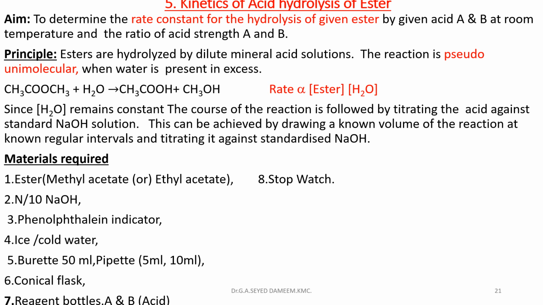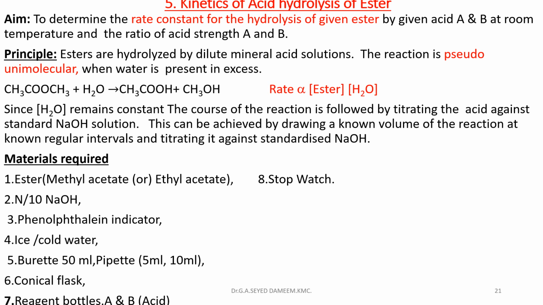Next, the principle behind the experiment: esters are hydrolyzed by dilute mineral acid solution, that is, ester is hydrolyzed to acid and alcohol, and the reaction is pseudo unimolecular when water is present in excess. In that case the rate of the reaction is directly proportional to only the ester.